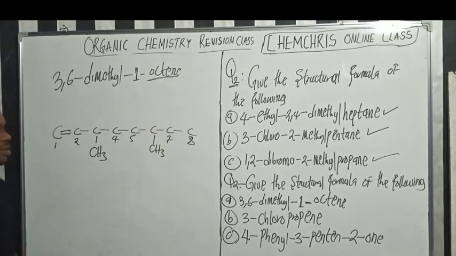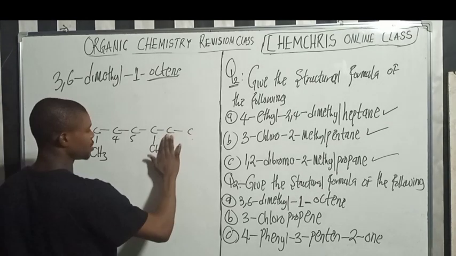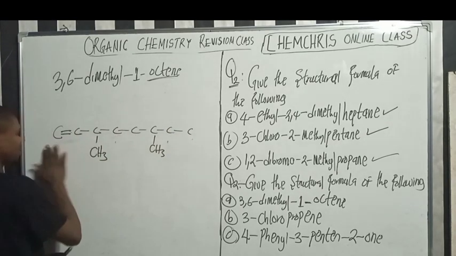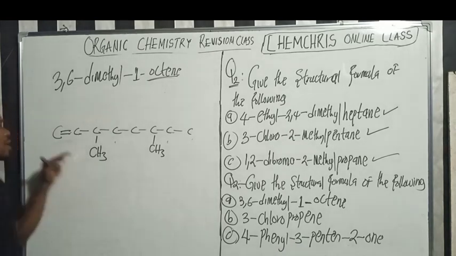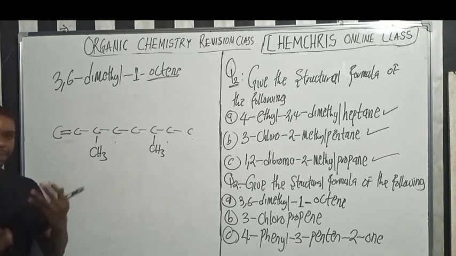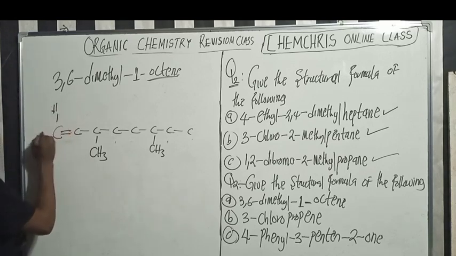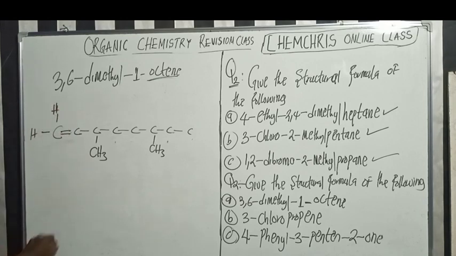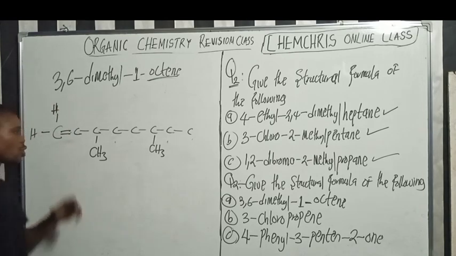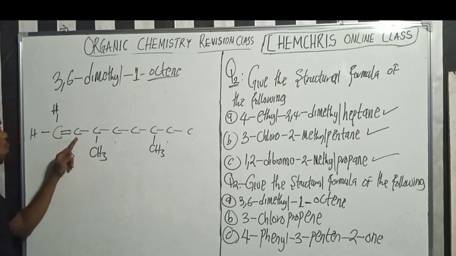That is it. The next is to include the numbers of hydrogen. So let me ask you here, how many hydrogen will be here? It's going to be 2 hydrogen. Why? Because this carbon atom is already carrying a double bond. So you need 2 hydrogen, two more bonds to complete 4. What about here?